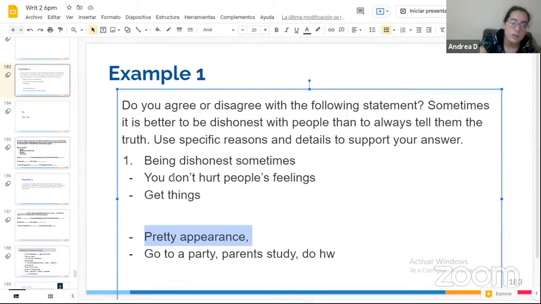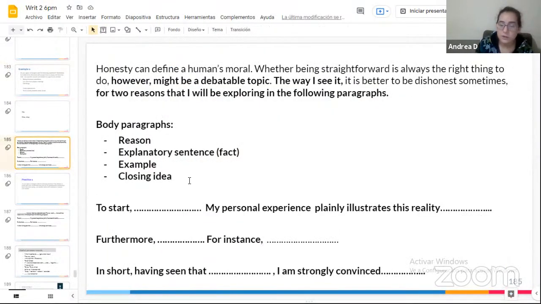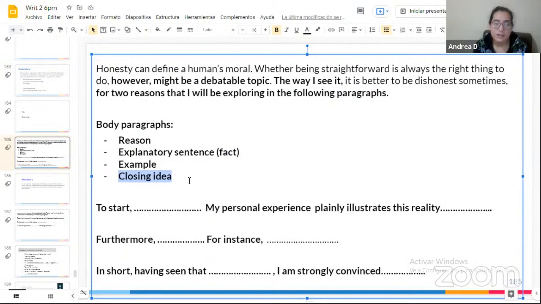And then you have your closing idea, which would be like a short conclusion. You could say something like, that's why, and then you go back. So that's why sometimes it will be better to tell a lie if that's gonna help somebody else. Or you can also use the third conditional if your example was in the past.